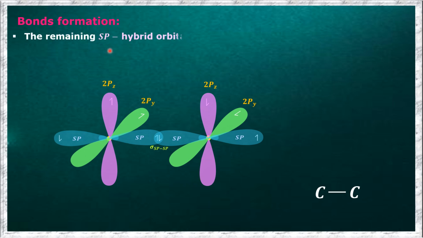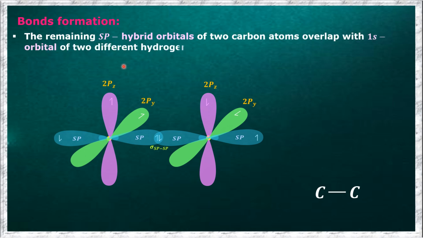The remaining sp hybrid orbitals of two carbon atoms overlap with the 1s orbital of two different hydrogen atoms to form two sigma bonds. You know, in hydrogen there is only one electron, and that electron is there in the 1s orbital.